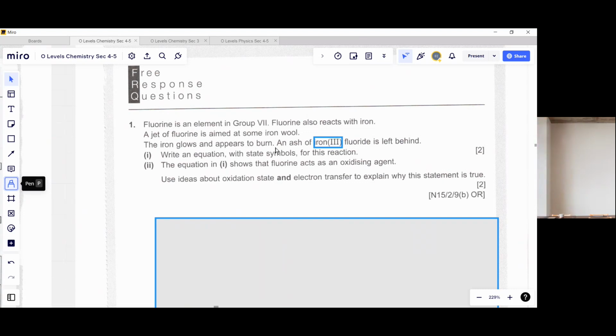It's not official again. The number of OS that has increased or decreased also tells you how many electrons are gained or lost.